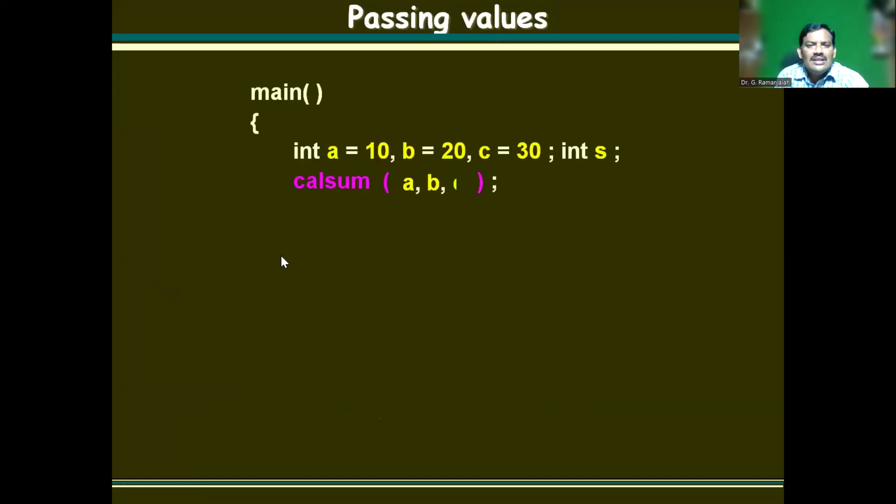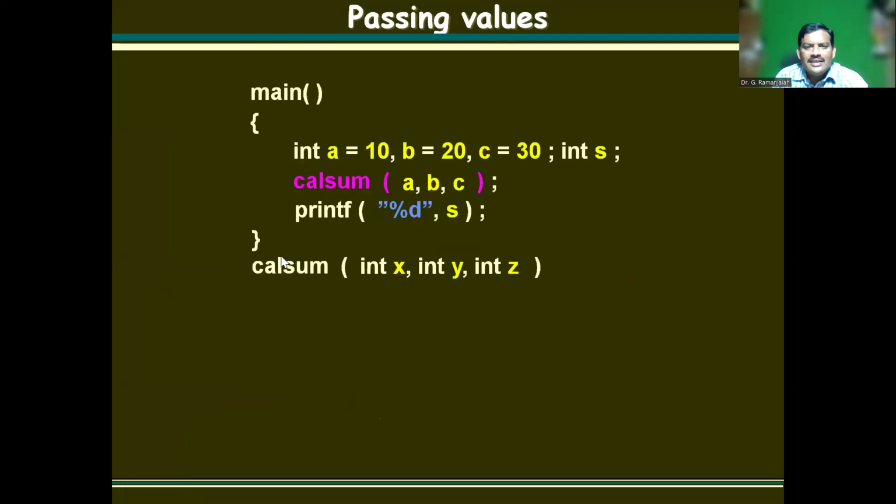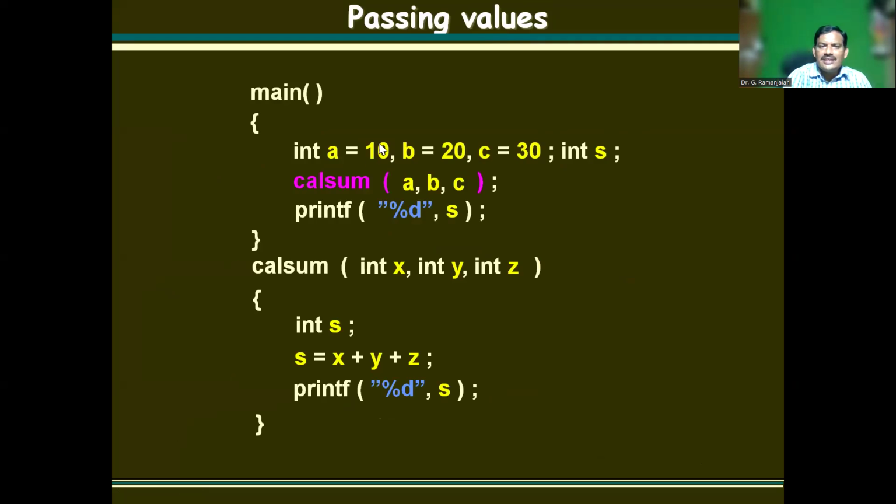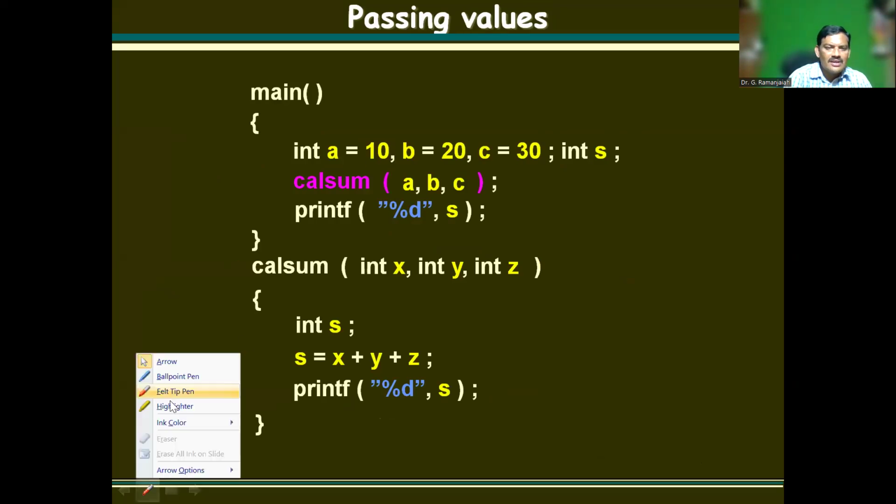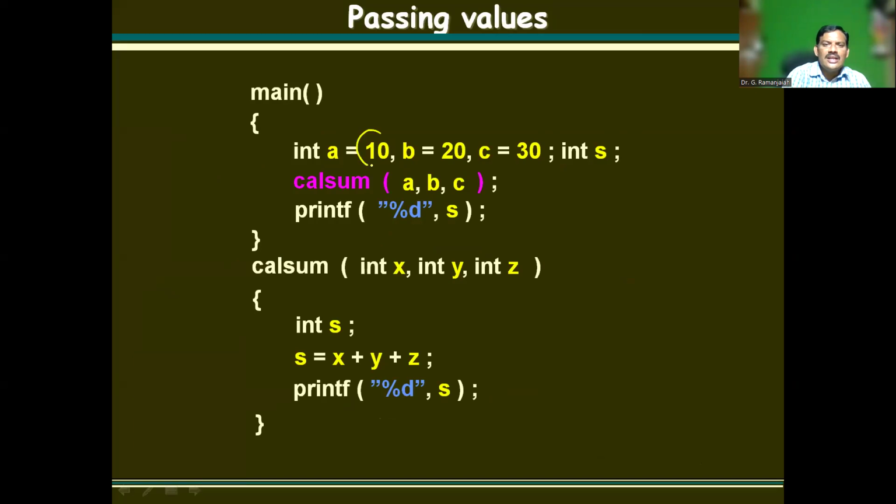That's what you are going to do. Integer a is equal to 10, b is equal to 20, c is equal to 30, and another variable called s. Even you may take printf, enter any three numbers, percentage d, percentage d, percentage d, a, b, c. That is your wish. Calculate sum is a function call.